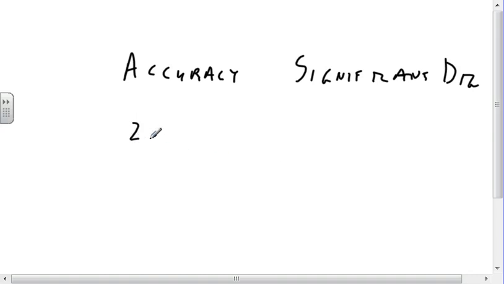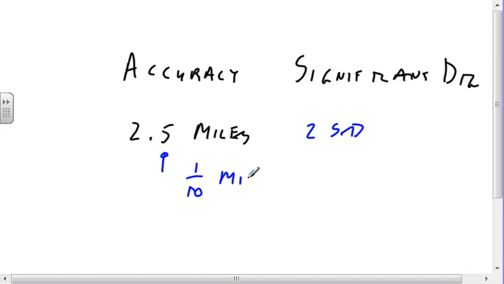So if I had 2.5 miles, I would have 2 significant digits, but my accuracy would be 1/10 of a mile. I couldn't tell you that it was 2.51234 miles. I can only tell you to the nearest 1/10 what my accuracy is.